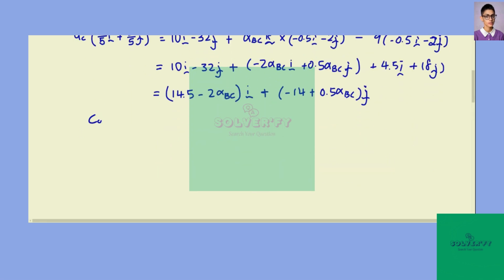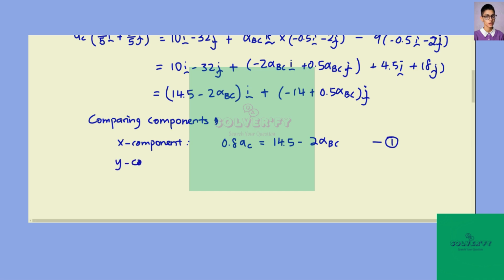So comparing components, for the x component we get this equation: 0.8 aC is equal to 14.5 minus 2 alpha BC. This is equation 1. And for the y component, we have 0.6 aC is equal to minus 14 plus 0.5 alpha BC.